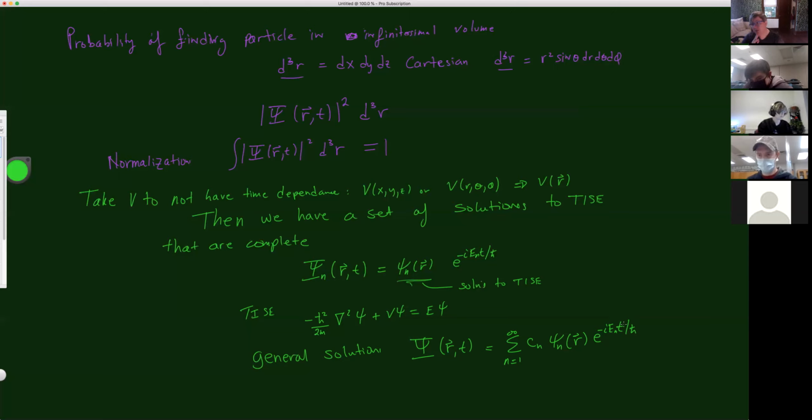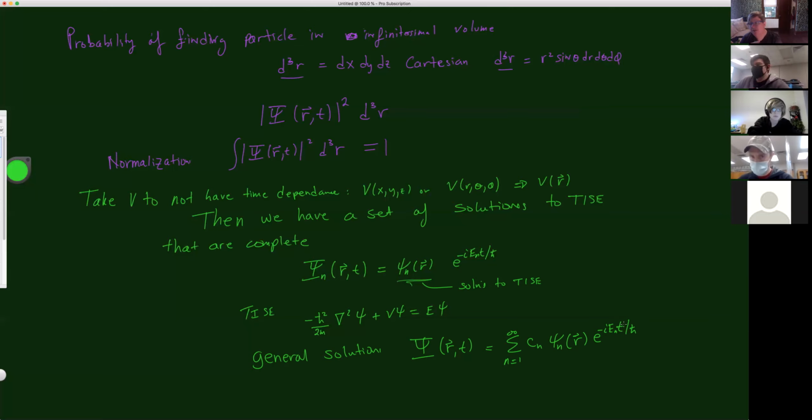But a lot of potentials we're interested in, for instance the potential energy function for the hydrogen atom, is just a function of the distance from the center of the atom. The electric potential due to the proton goes as 1 over r, where r is the distance, not the vector, the magnitude of r, 1 over the distance to the electron.